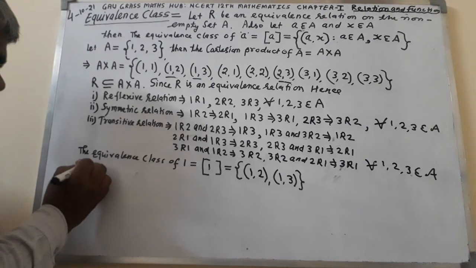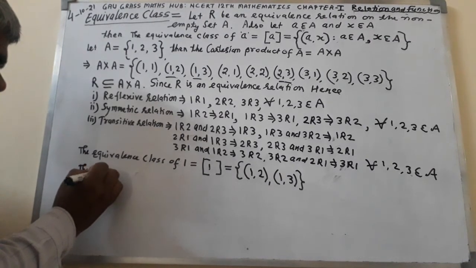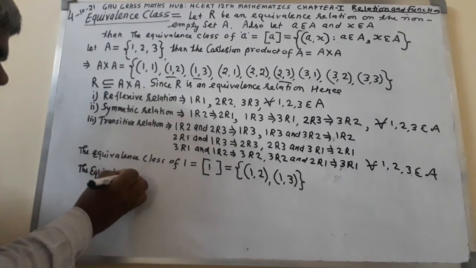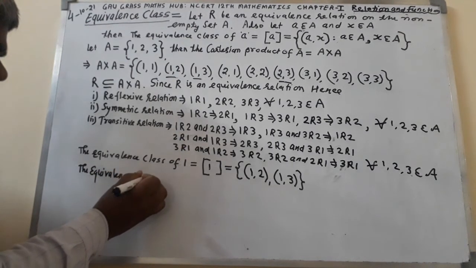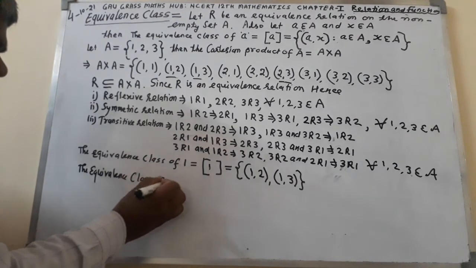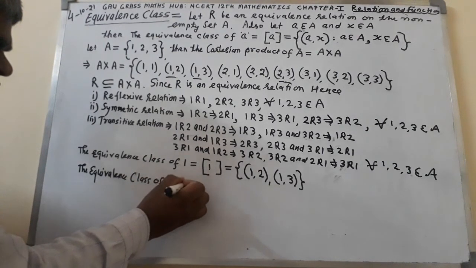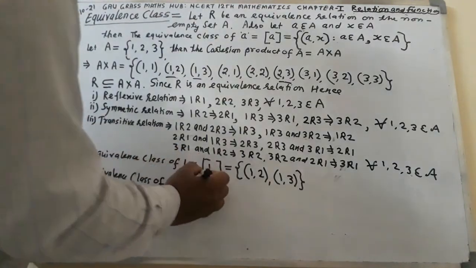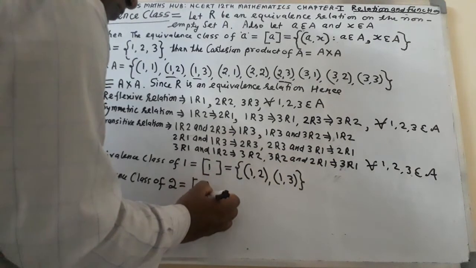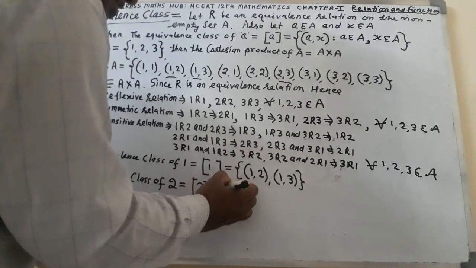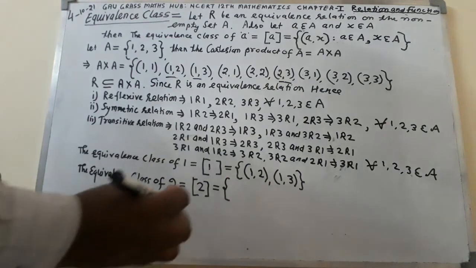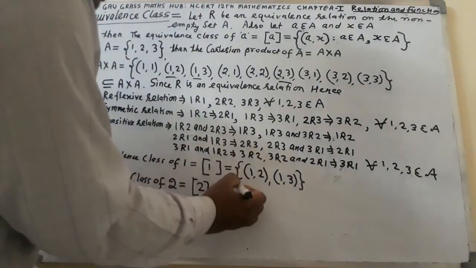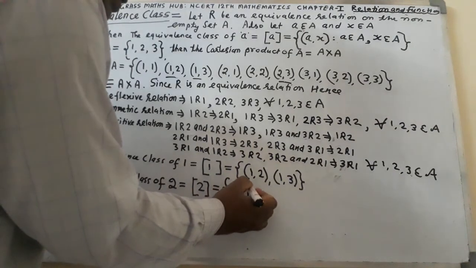the equivalence class of 2, open here square bracket, write here 2, open here curly bracket. First element of the ordered pair must be 2, comma 1.